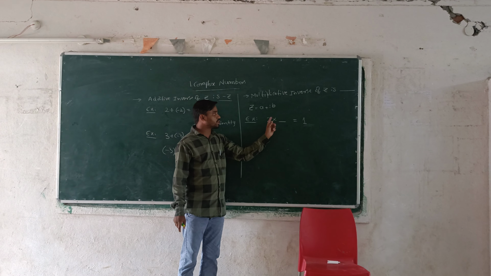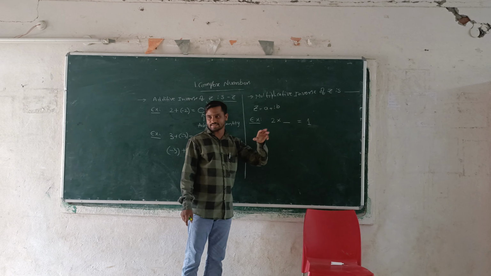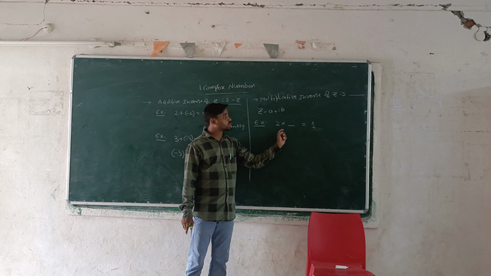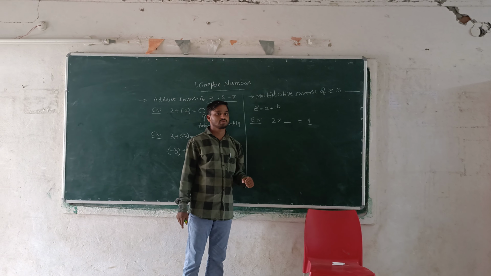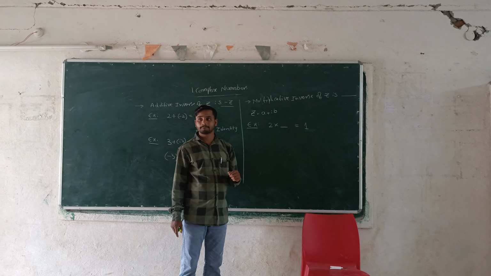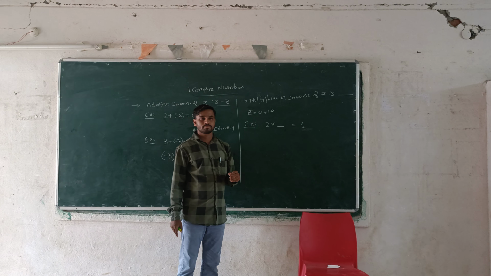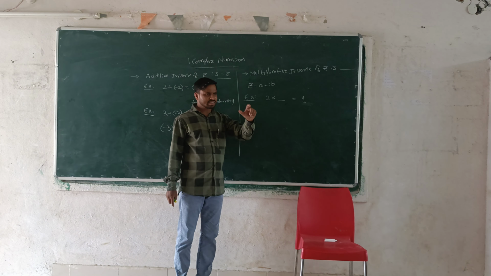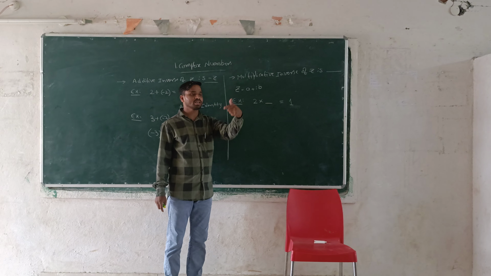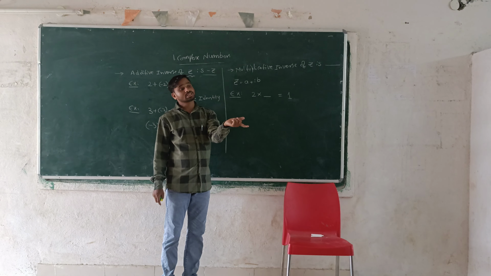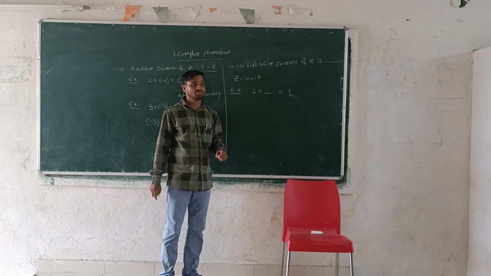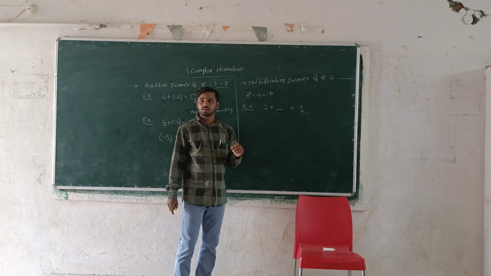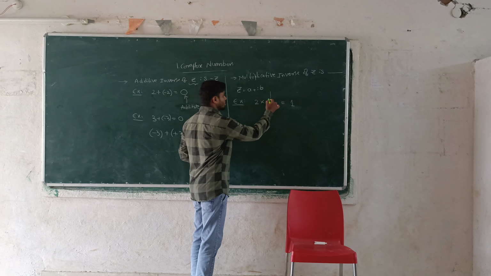If it is 1, then 2 into 1 equals 2, so that is not correct. So what number do we need to multiply with 2 to get 1? 2 inverse, you are saying. How do we write 2 inverse in fraction form? 1 by 2.